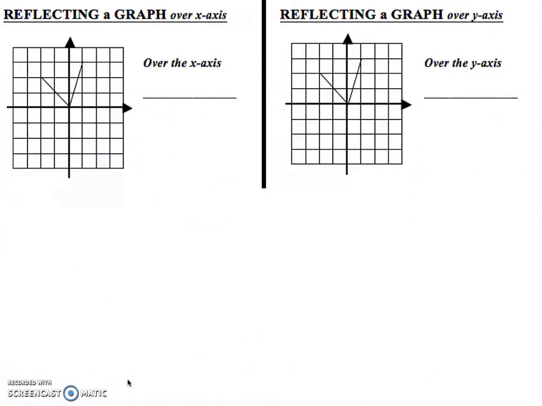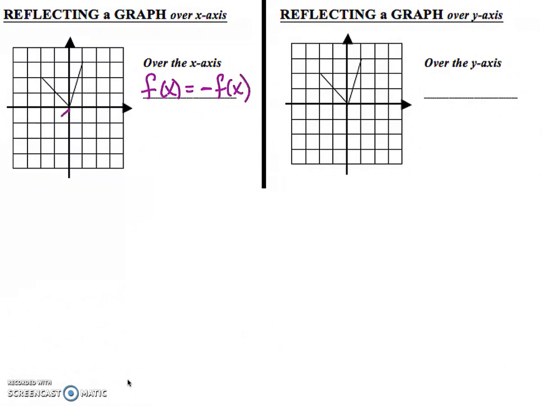Next, we're going to talk about reflecting a graph over the x-axis. So basically, an x-axis reflection just looks like the opposite of the original function. If we had a negative sign in front of it, that is a reflection over our x-axis.